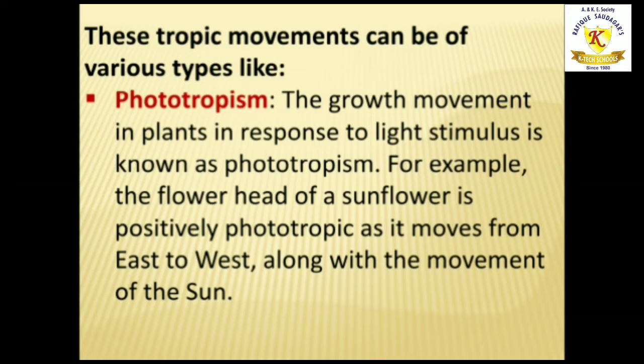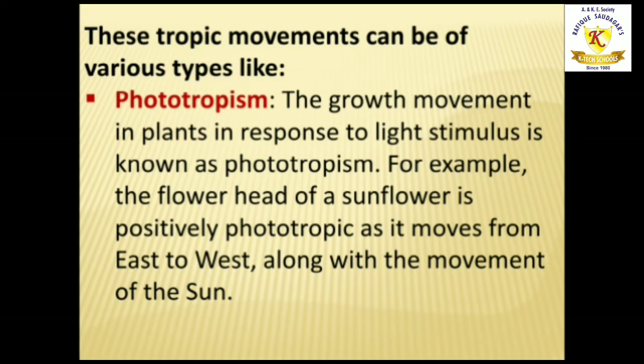Like, first one is phototropism. The growth movement in plant in response to light stimulus is known as phototropism. For example, the flower head of a sunflower is positively phototropic as it moves from east to west along with the movement of the sun.